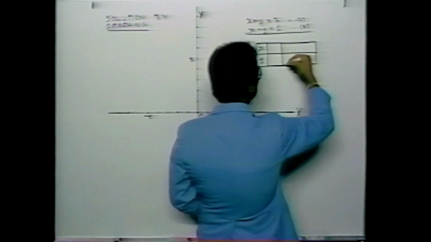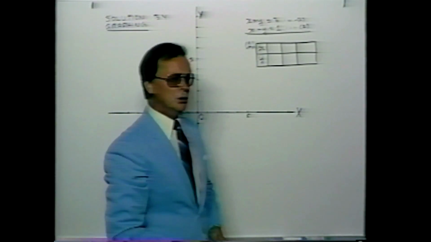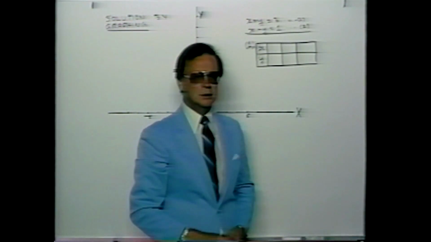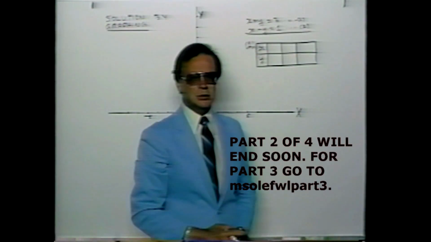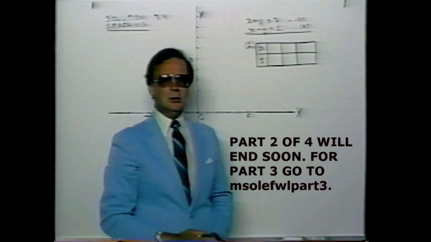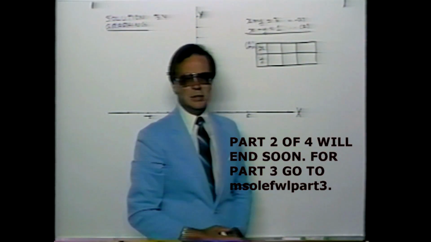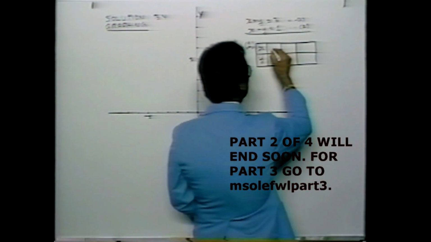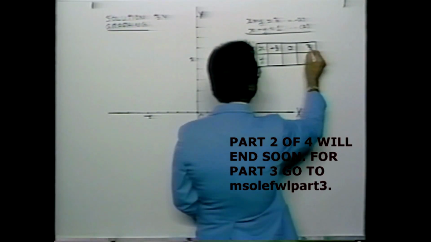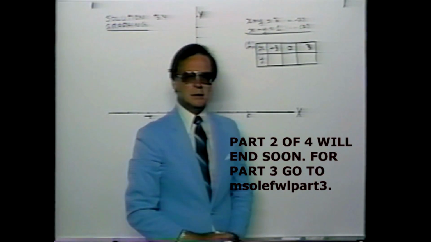We set up 3 boxes like this, and we make any choice for x that we want to. There's no restriction for the value of x chosen. Take convenient numbers for x, by the way. You don't want to use fractions if you can avoid it. So I'm going to stick with just ordinary integers. For example, like -3, 0, and +3. 0 is always a favorite number in making up tables of value.